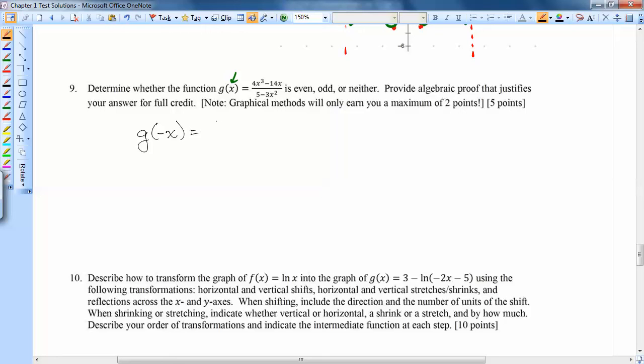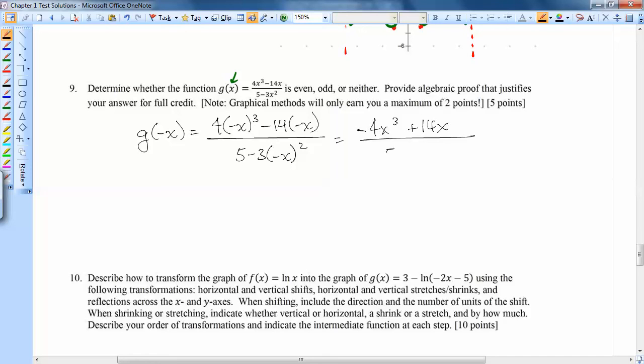If I plug in negative x, I'm going to get 4 times negative x all cubed minus 14 times negative x, all over 5 minus 3 times negative x squared. So then if I work that out a little bit, I'm going to get negative 4x cubed plus 14x, all over 5 minus 3, and then negative x squared is the same as x squared.